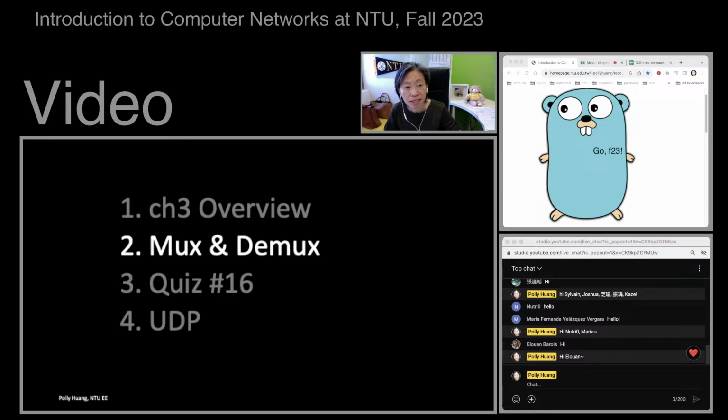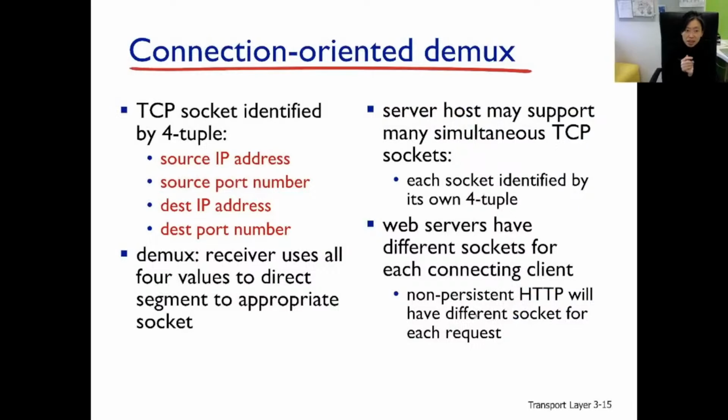All right, the last, connection-oriented service, or connection-oriented demultiplexer. The slightly more complicated one is the connection-oriented demux. That is also TCP's demultiplexer. So whether a packet or a segment should go to a particular socket depends on the 4-tuple information. All right, so the receiver uses the 4-tuple values to direct the segment to the socket.